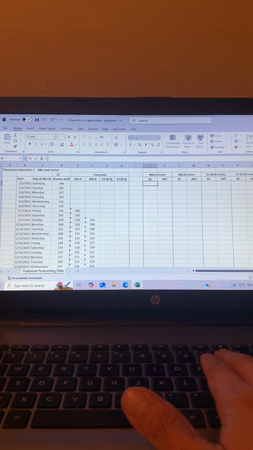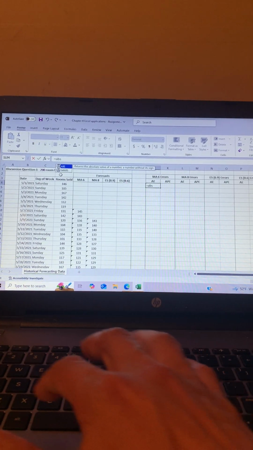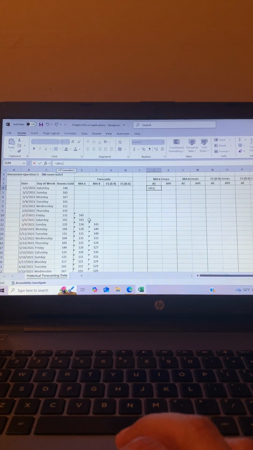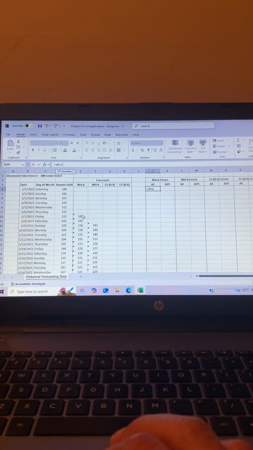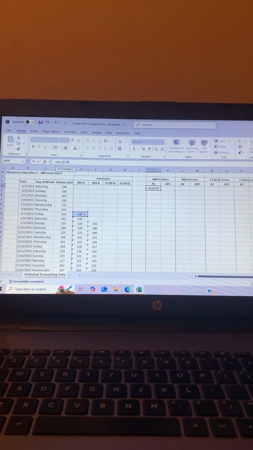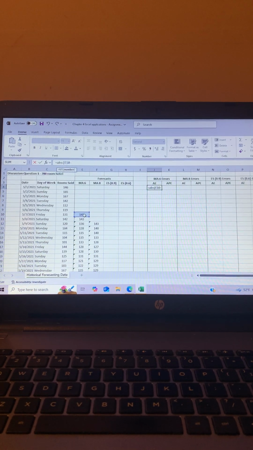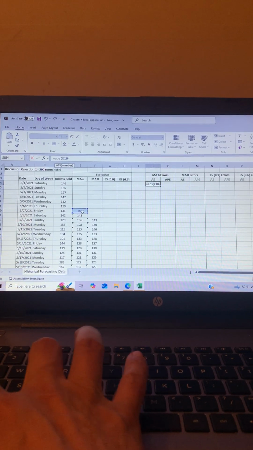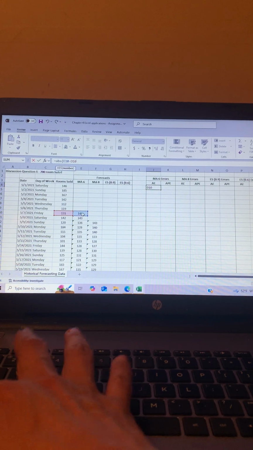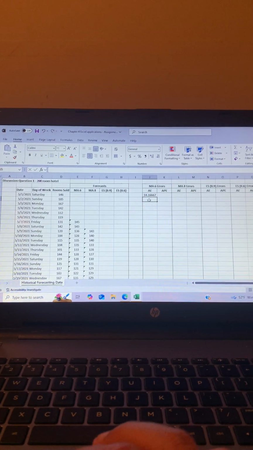So we're going to do equals ABS, and for this one, it starts at E10 minus D10, parentheses. That should be our total difference.